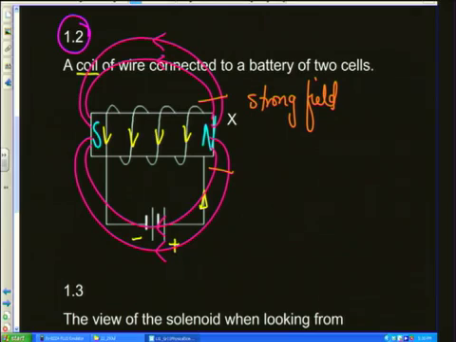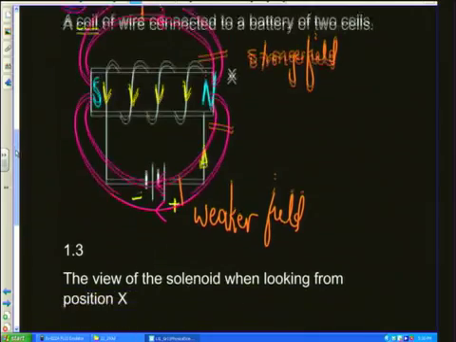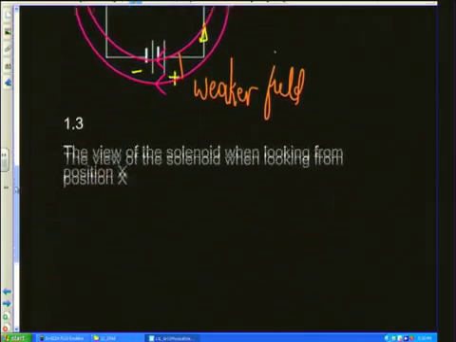As you move further, you will see that they become more and more far apart from each other. So away from the magnet, the magnetic field becomes less strong, or weaker. Weaker there and stronger field there. And you can draw more of that, of course, showing the magnetic field around that solenoid.